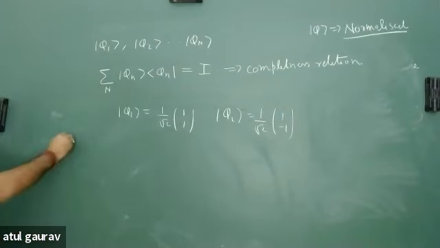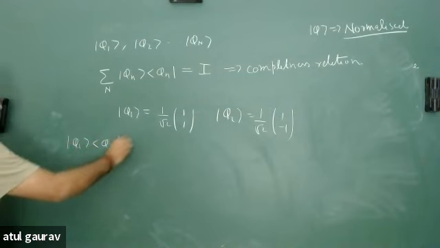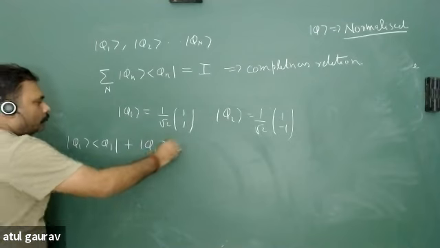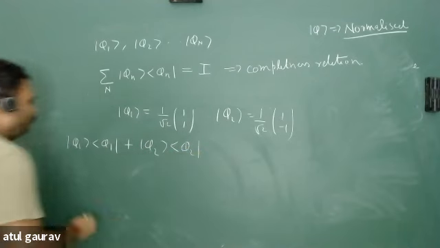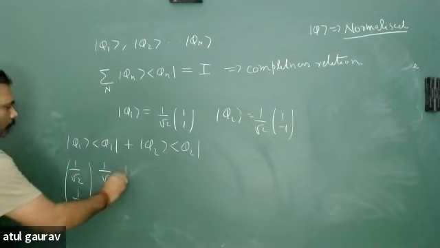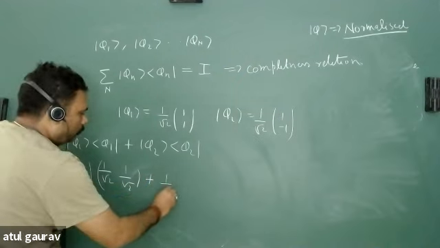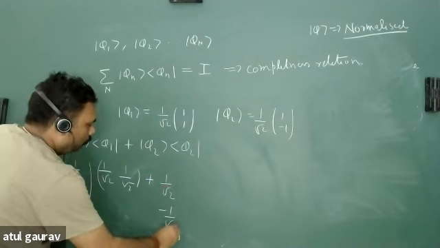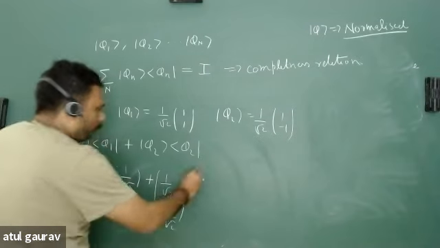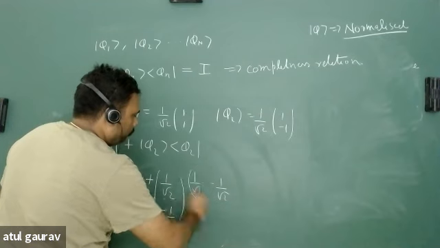So I will just go for |phi 1><phi 1| plus |phi 2><phi 2|. Let's try to figure it out. This first value is 1 by root 2, 1 by root 2, and this value is 1 by root 2, minus 1 by root 2.